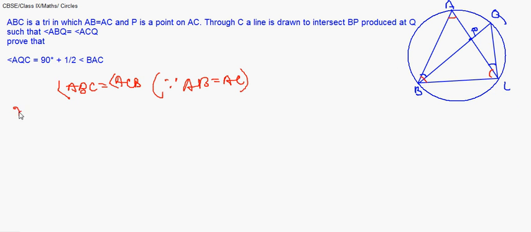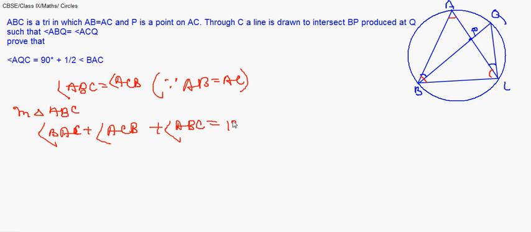What will happen is the sum of these three angles, I write it first, BAC plus ACB plus ABC is 180. Now these two are equal, so I can substitute them as twice of angle ACB.